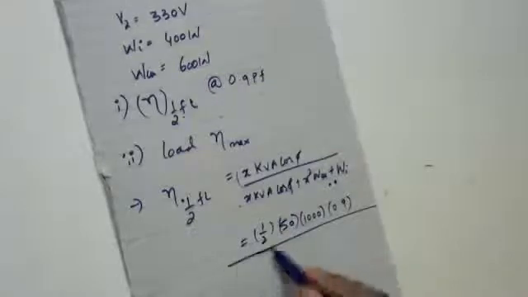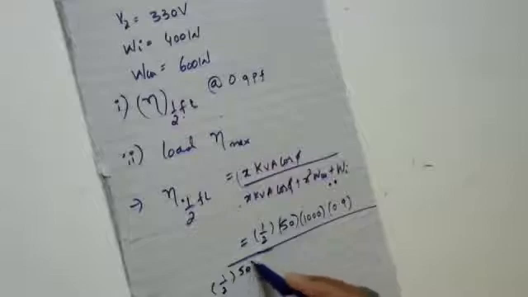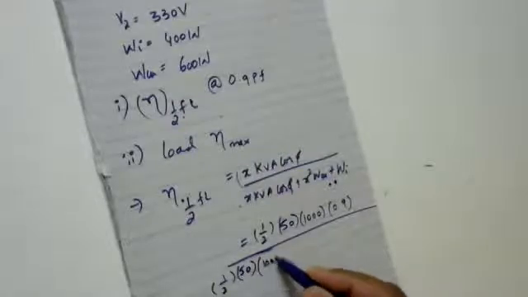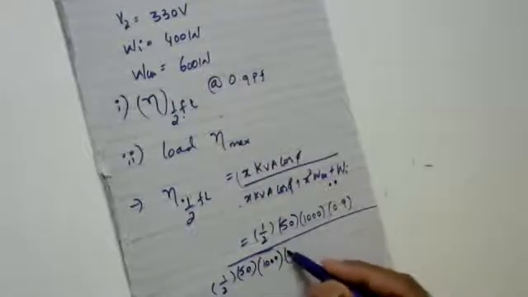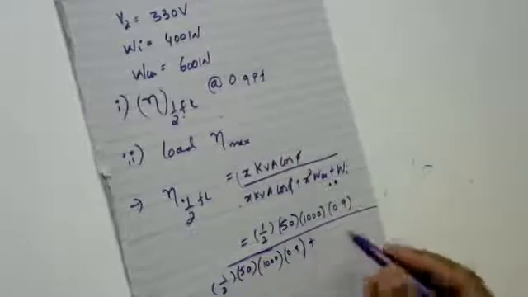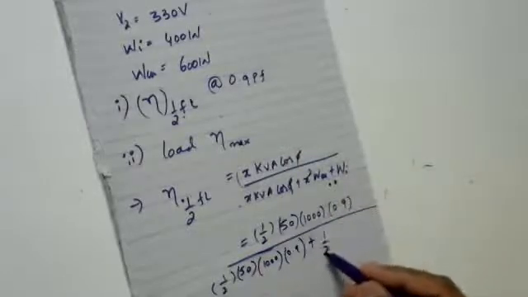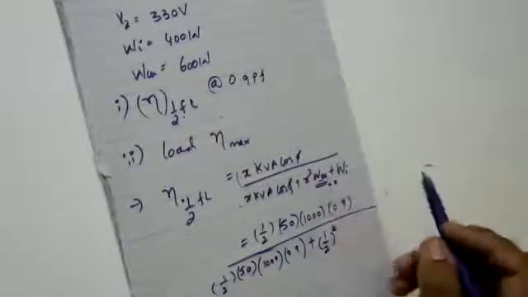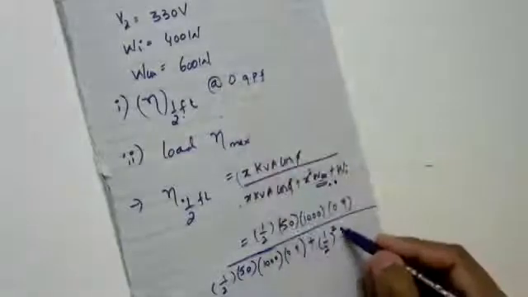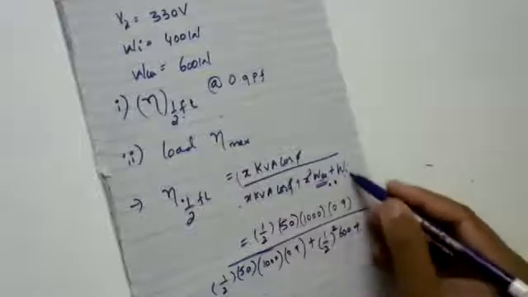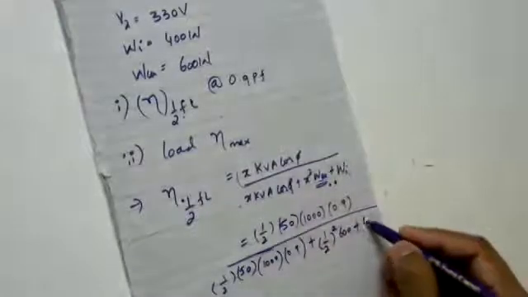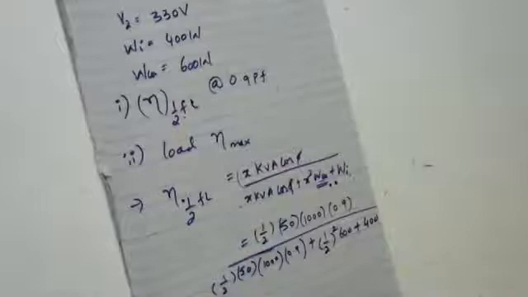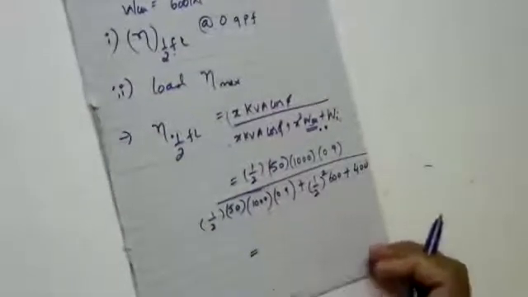So it is 1 by 2 into 50 into 1000 into 0.9 power factor, divided by the same term plus x square, which is 1 by 2 the whole square, times Wcu, which is 600, plus Wi, which is 400. So it's a simple substitution kind of numerical.